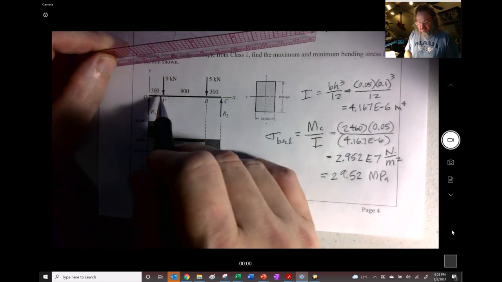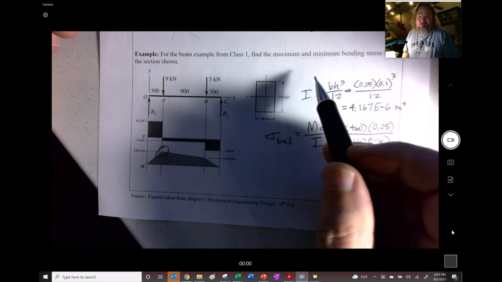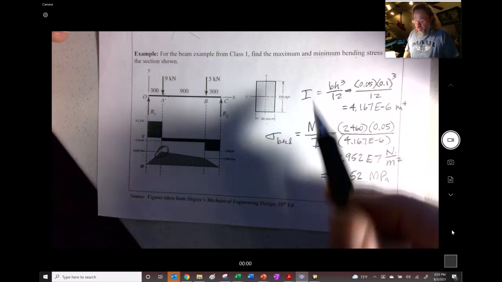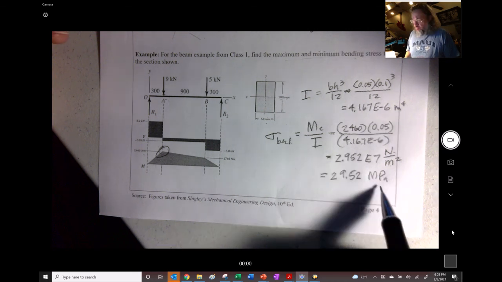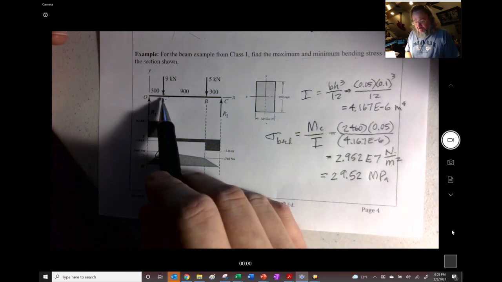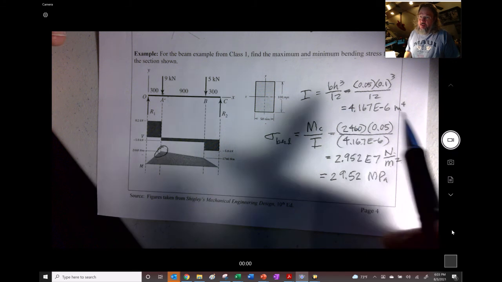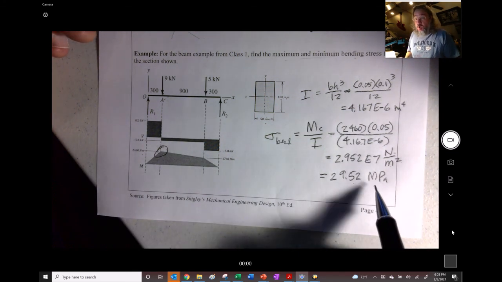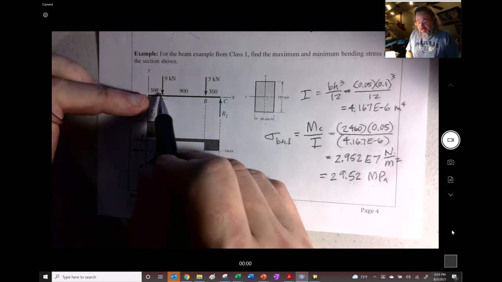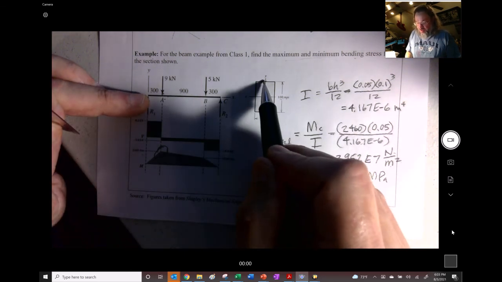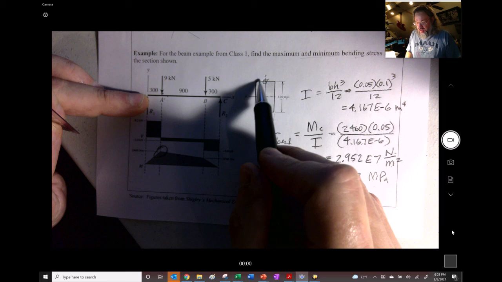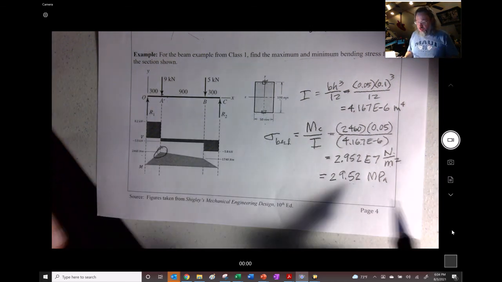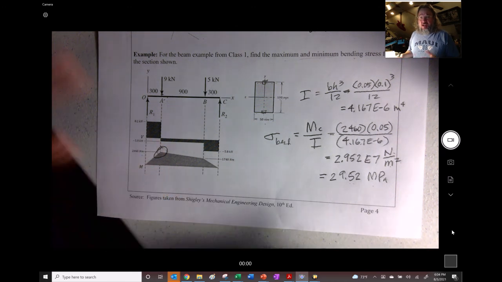So if you're going to call tension positive and compression negative, the maximum is going to be 29.52 megapascals tension at the bottom at A, and the minimum is going to be 29.52 megapascals compression at the top of the section. Actually, it's any stress element along the top or along the bottom. So it's tension and compression.